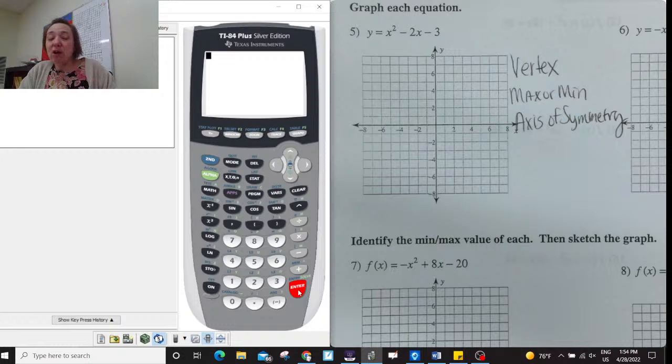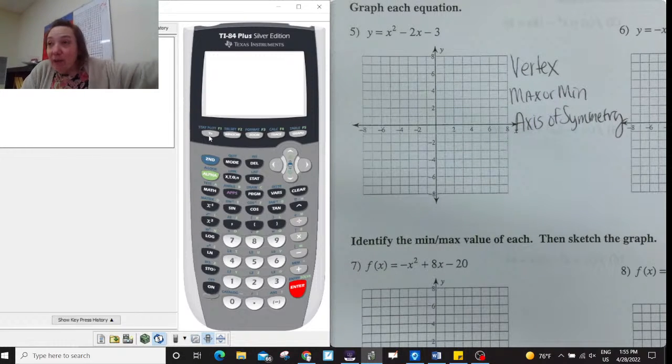So up on the top left of your calculator, there's a button that says y equals. Do you see that? Do y'all see that button, y equals, up there? Top left. Okay, y'all follow along. When I say press the button, press the button. If for some reason you can't find the button, ask me.